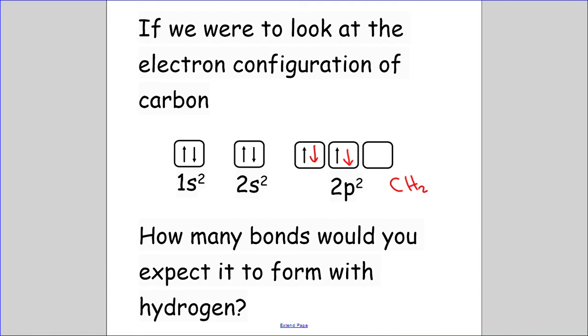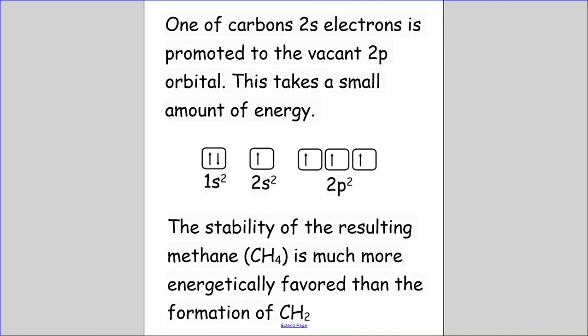Well, as it turns out with experimentation, what actually happens is that they take one of the 2s2 arrows, and it gets promoted to a 2p2. So really this becomes 2s1, and this becomes 2p3.